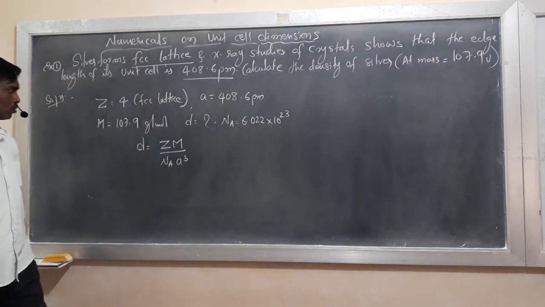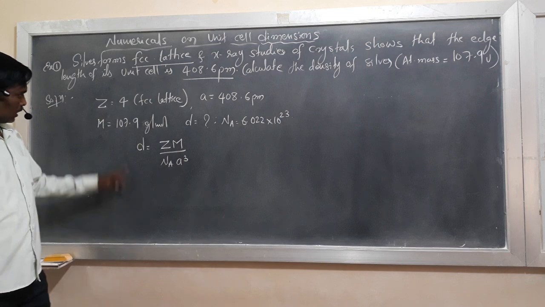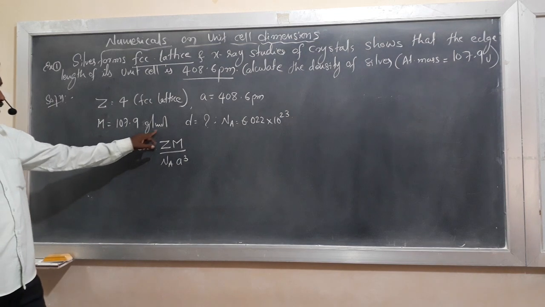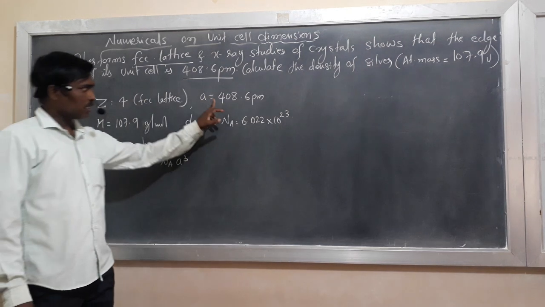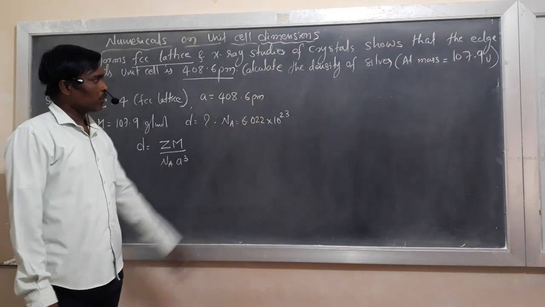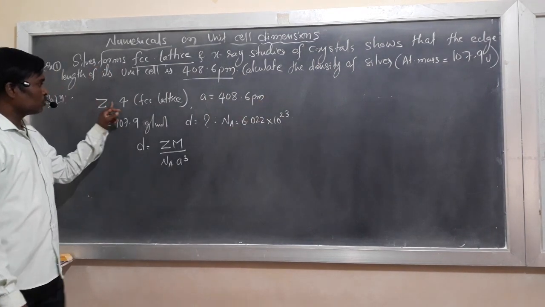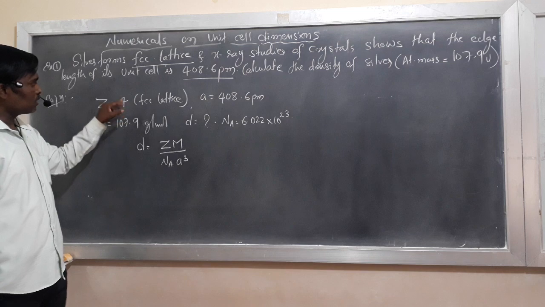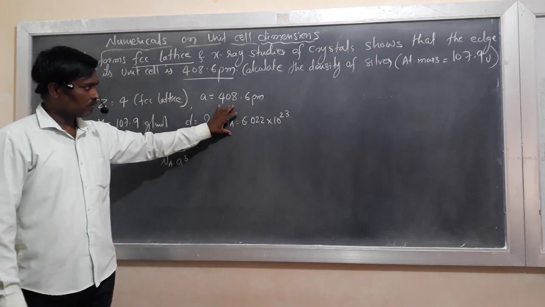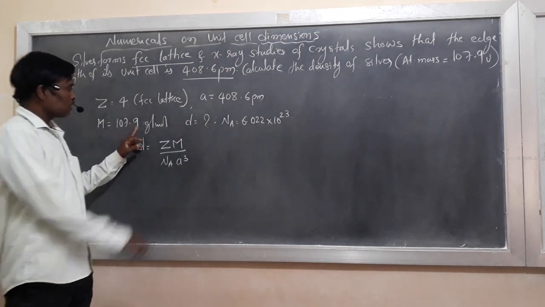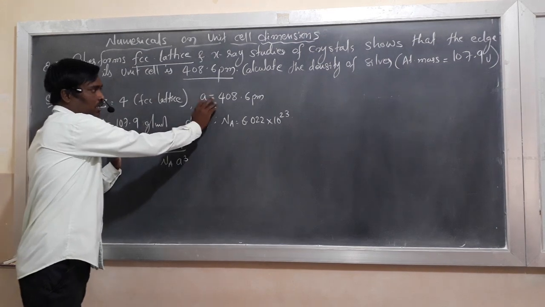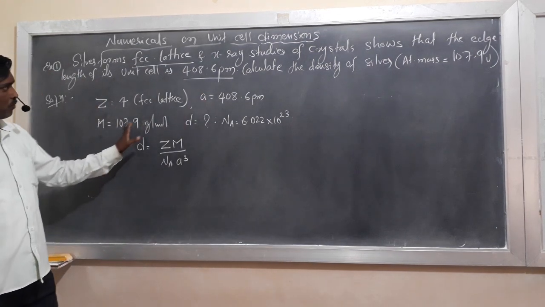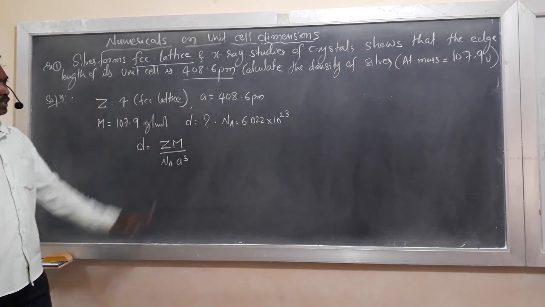That is the Avogadro's constant. Students, the M value is given in gram per mole, whereas the edge length is given in picometers. These two, Z and NA, don't have any units. This is the number of particles, and this defines the Avogadro's number. So just check the molecular mass and the edge length: the units of molecular mass and the edge length both must be in the same unit.